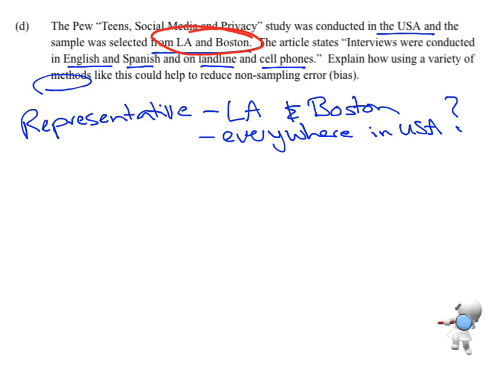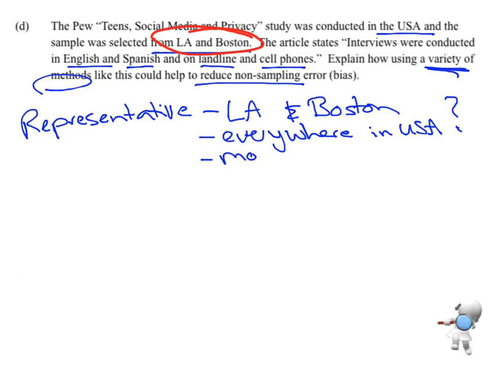Now, they want us to explain how using a variety of methods could help. So the fact that they've chosen 2 cities, is that better than just having 1 city? And if so, why is it better? And why would that reduce the non-sampling error?